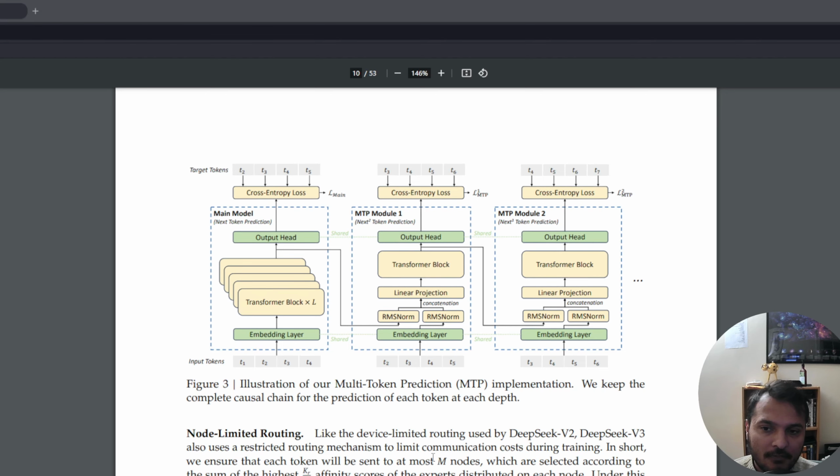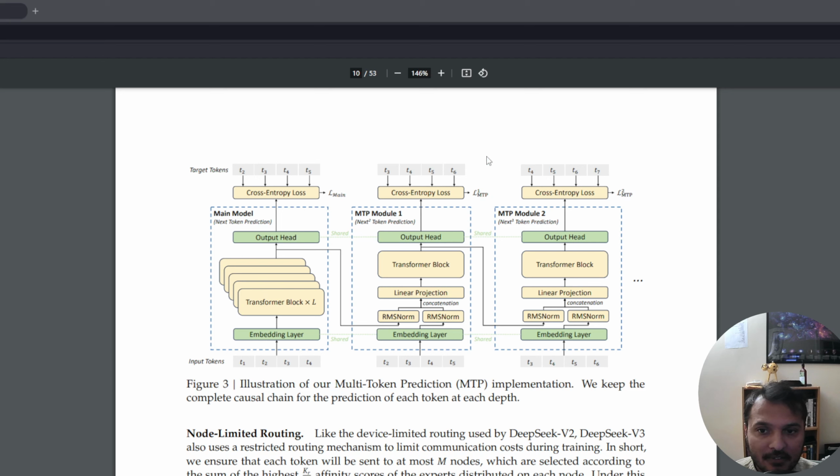Then instead of just doing the next token loss, they do multi-token prediction. So they not only do the next token, they'll do the next to next to next token predictions. They basically take the output representation, and then they do another transformer block on the next token, and then on the next token to compute like 2-3 tokens ahead, and they compute the loss, and then they back propagate it.